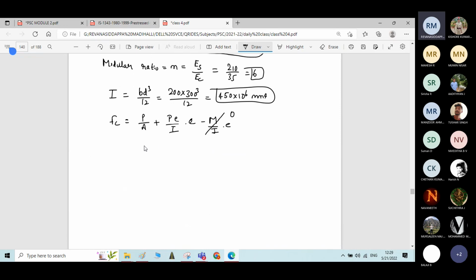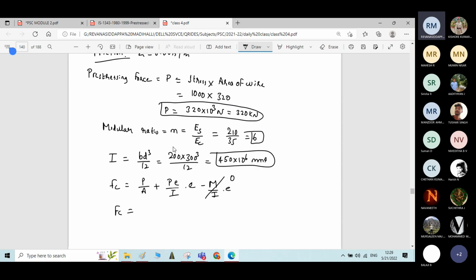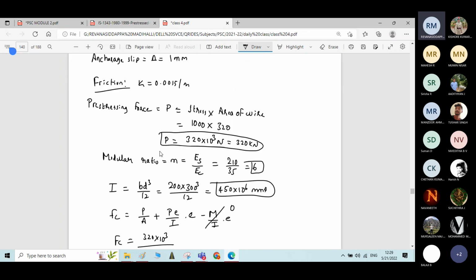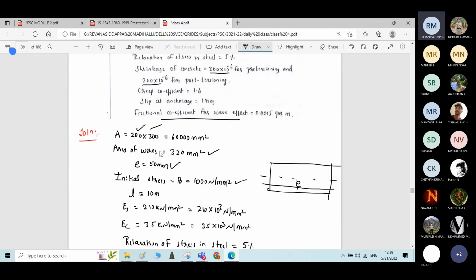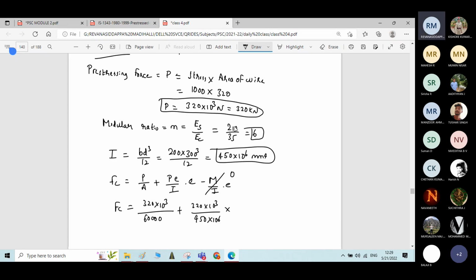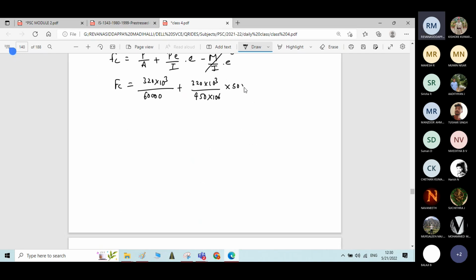Okay, therefore FC is equal to P by A. P is pre-stressing force 320 into 10 power 3 divided by area of cross section 60,000 plus PE by I, 320 into 10 power 3 divided by moment of inertia 450 into 10 power 6 into E, 50 and 50.